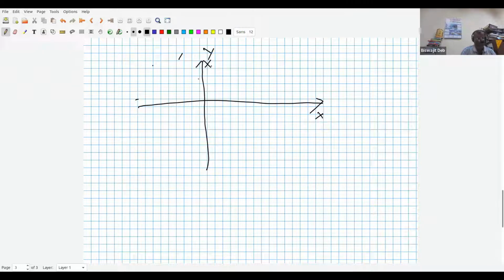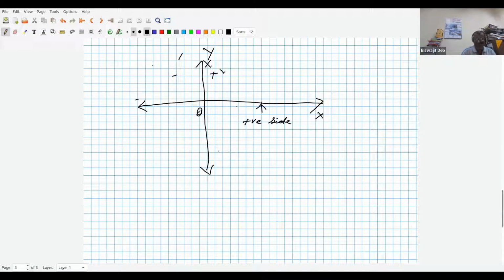For that, I consider two perpendicular axes, call them x-axis and y-axis. This point of intersection O is referred to as the origin. Now this side of the x-axis is my positive side. This is the convention we are fixing at the beginning, and this is generally used everywhere.